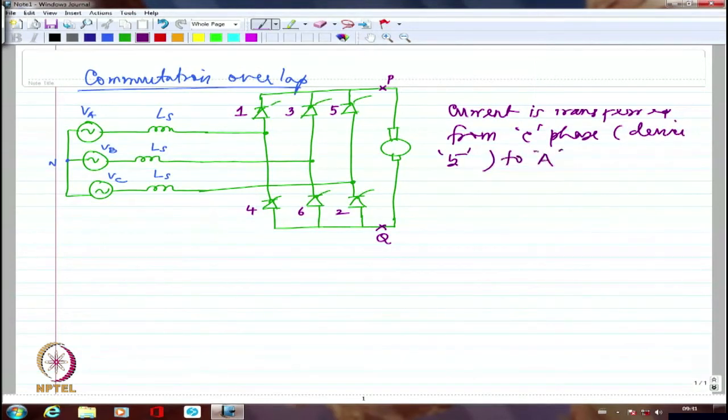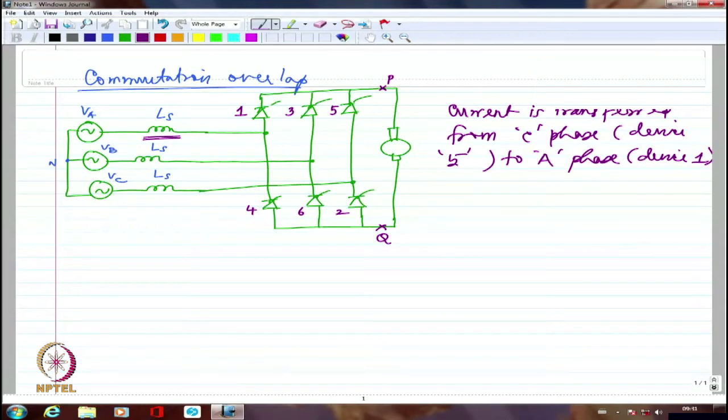So when it is getting transferred, we said that as long as we didn't consider the source inductance, abruptly the current could get transferred. That's what happened earlier. But now the current cannot get transferred abruptly because LS will not give up the current. It has some stored energy. It is not going to be able to give up the current.